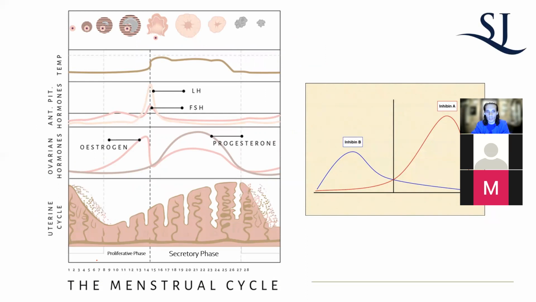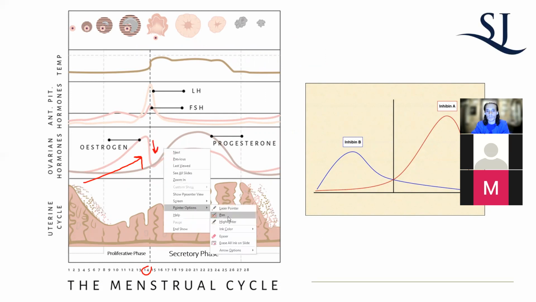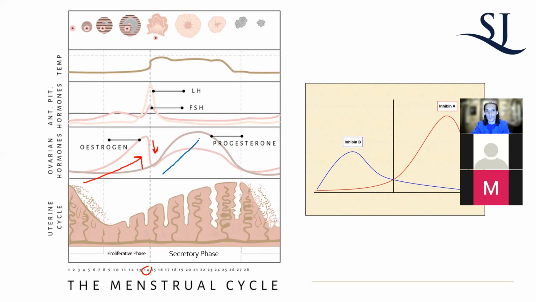In your normal menstrual cycle, in your proliferative phase, there's a peak of your estrogen. And then ovulation happens around day 14. And then in your secretory phase, estrogen goes down, and your progesterone will go up. And then because you're not pregnant, this will go down.